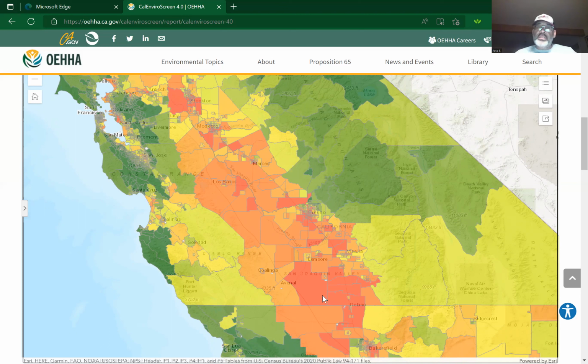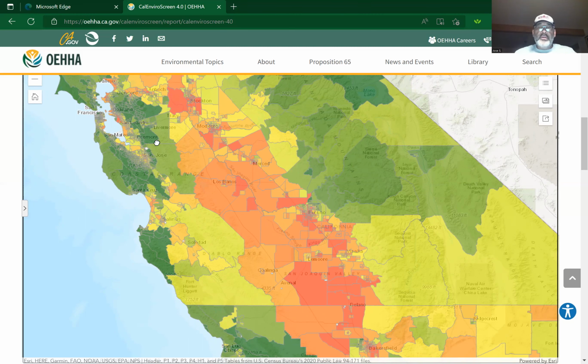There's also farmers and people of other ethnicities, but it is one of the more heavily burdened parts of the state compared to the coastal regions. And part of the reason the coastal regions would have good air quality is because the breeze is coming in, but they're also more affluent.